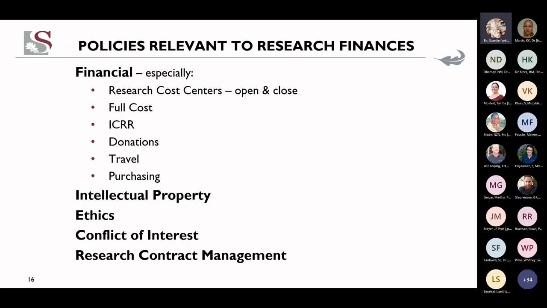So I always say, not necessarily only when you do a budget, but overall in your project planning, it is important to take into account all the policies, especially the financial policies that will be applicable. From the start, the main policy is that you need to create a new cost center for every new project. A cost center works like a bank account.